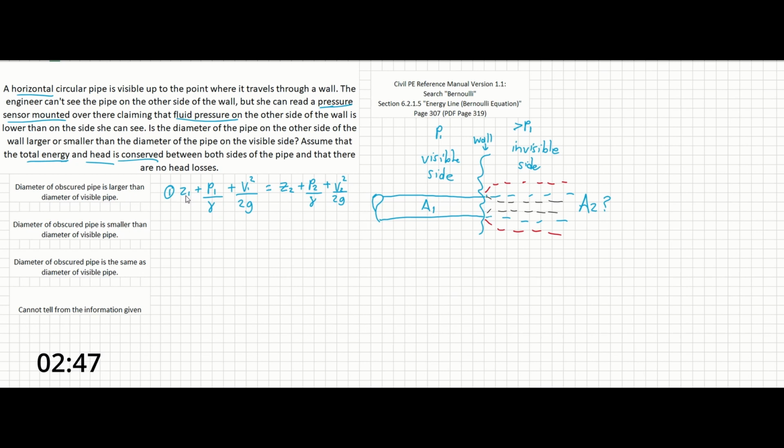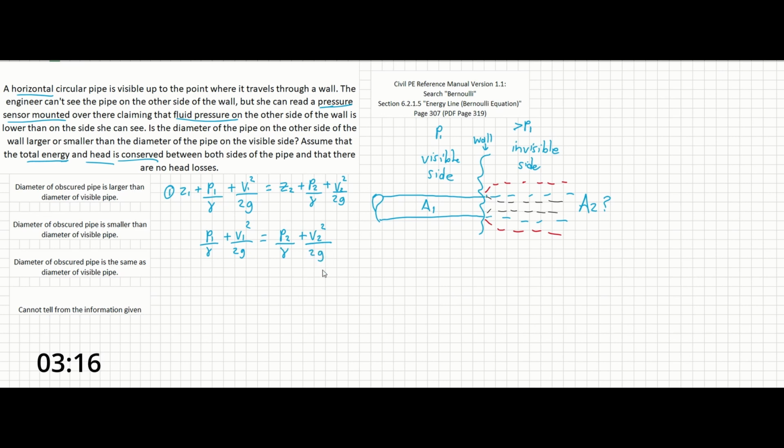That leaves us with the pressure head and the velocity head. So we have P1 over gamma plus V1 squared over 2g equals P2 over gamma plus V2 squared over 2g.